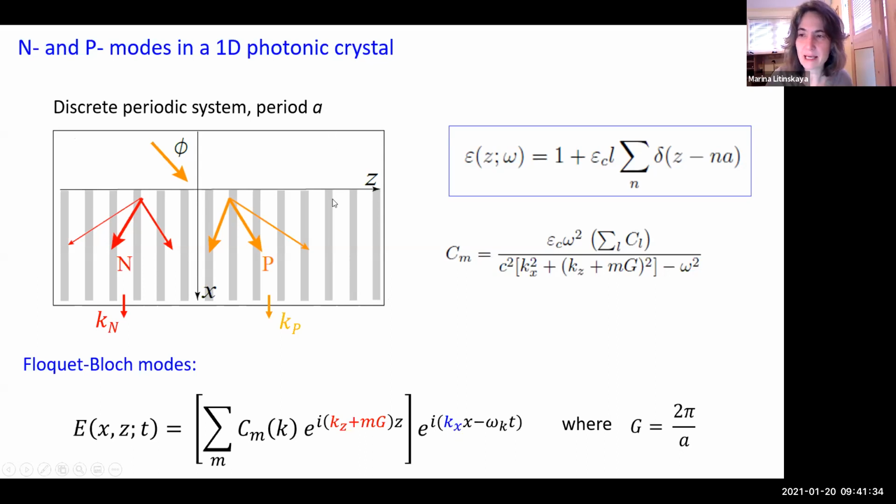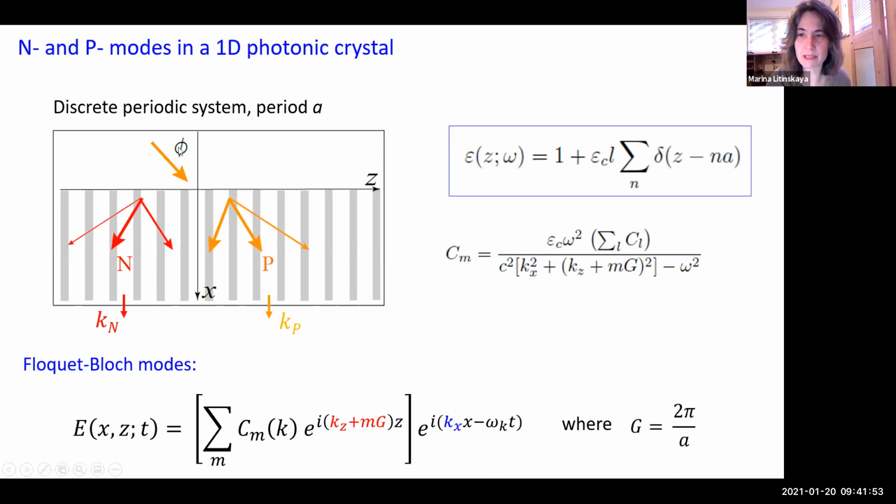So this is the common factor. kx is the wave number along the x-axis into the crystal. So this thing propagates as a whole into the crystal, and this is described by kx. And in kz, k parallel, you have this translational symmetry.